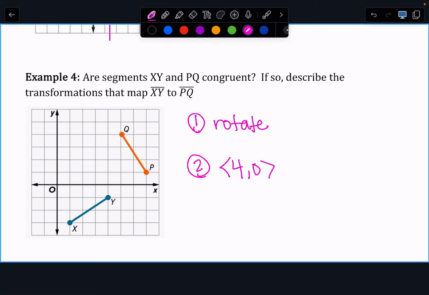Oh, I thought it was... The top one is like the better one. So if we rotate, we get here, and then we glide to the right. Slide. We slide to the right.